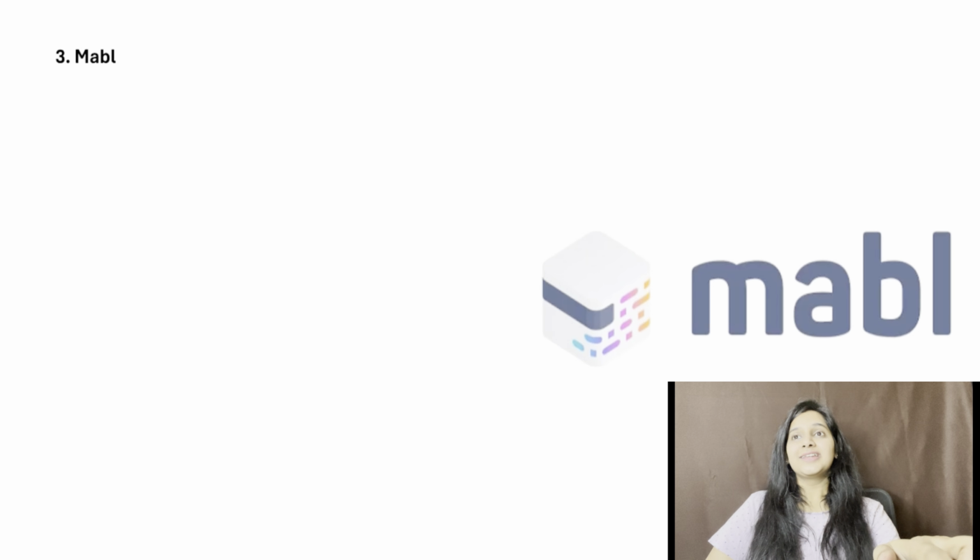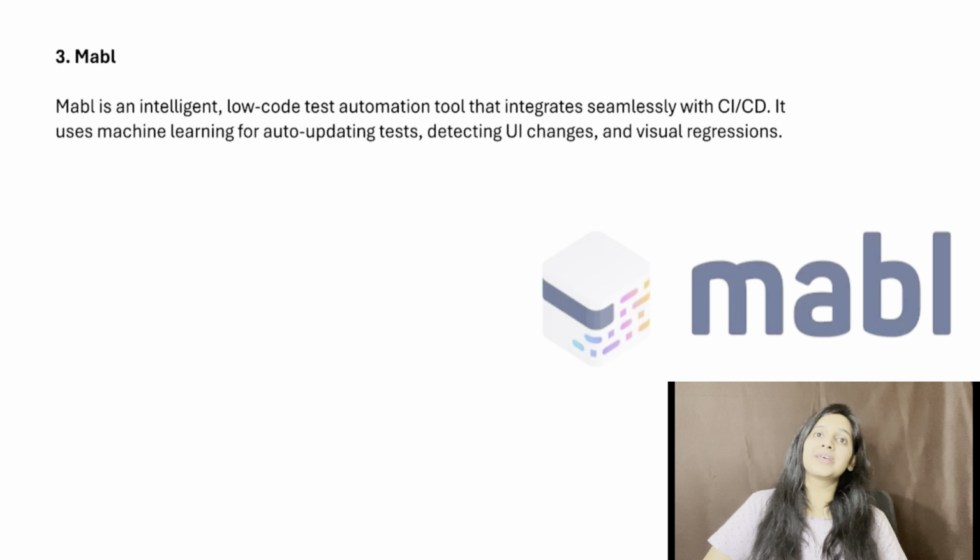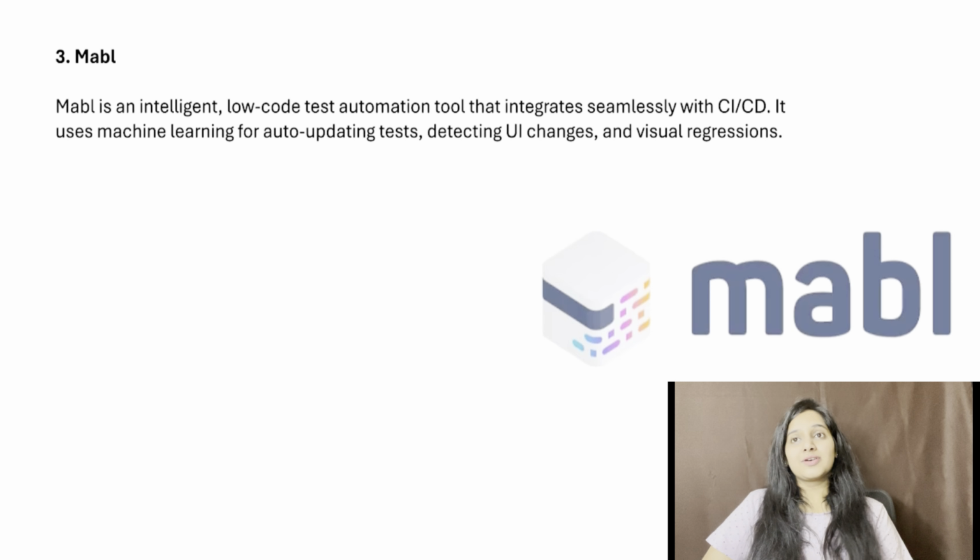Next, let's talk about MBEL. MBEL is an intelligent low-code test automation tool that integrates seamlessly with CI/CD. Basically, it also uses machine learning to auto-update the tests, detect UI changes and visual regression.